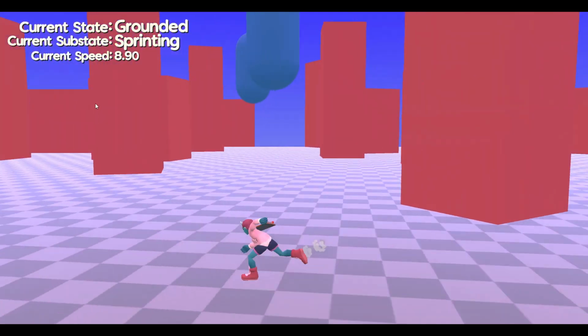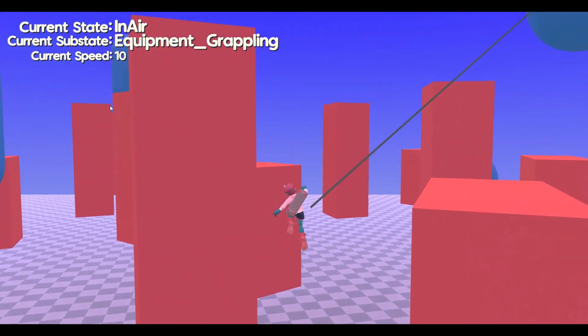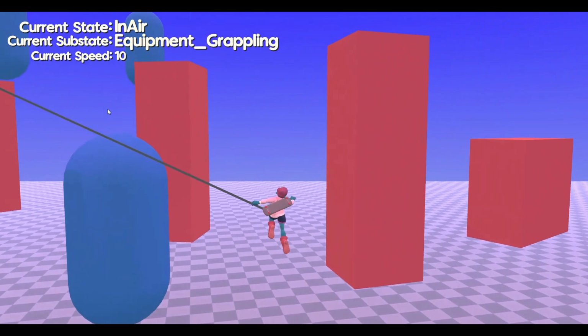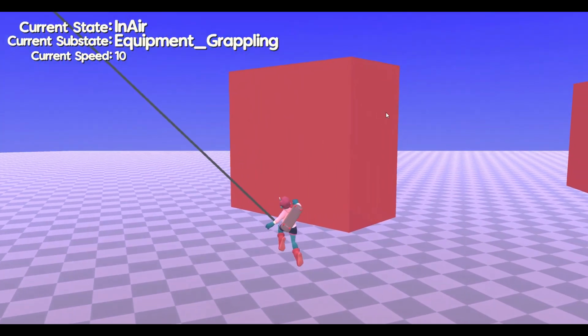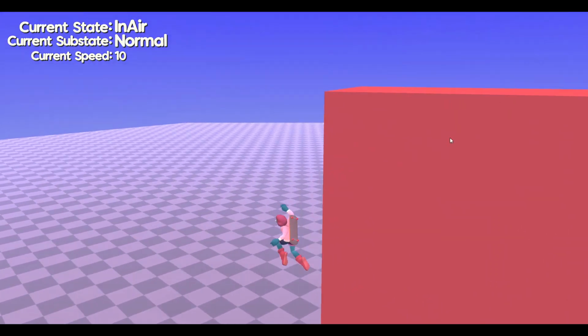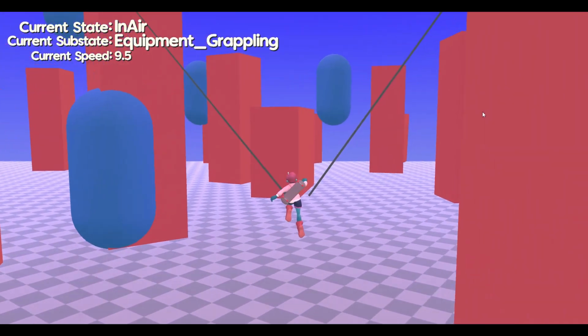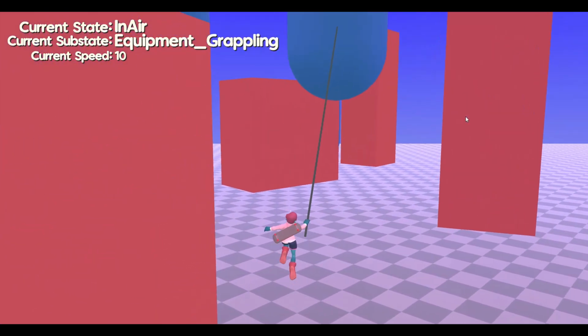Like I have mentioned in the past, this is a substate system, so it's deriving its logic primarily from our base system of our grounded movements. So we're using this as an override to plug in different values to our movements. All we're doing essentially is calculating how tense our ropes are, how much they're going to move the player, how much they're going to rotate the player, how much speed they're going to gain or lose.